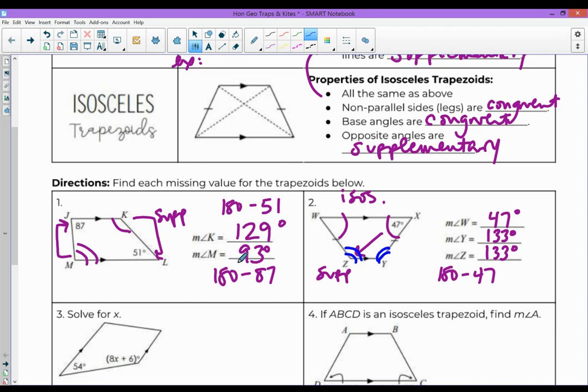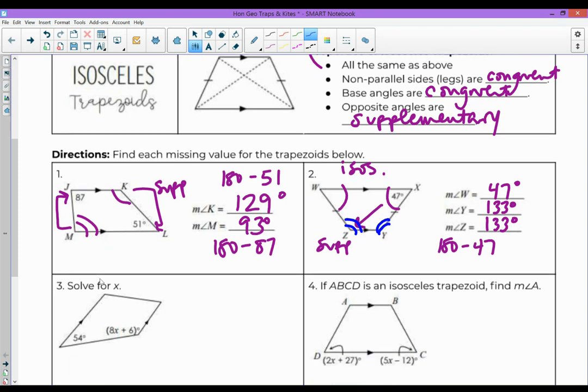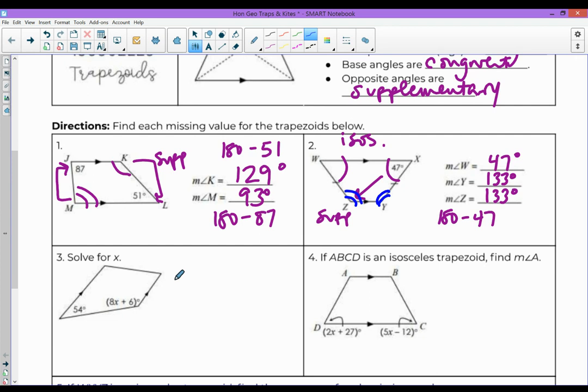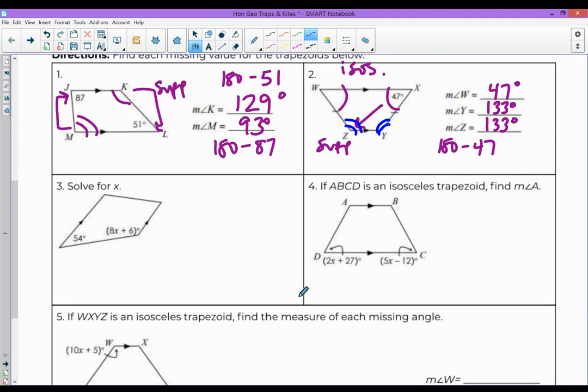Next one, we want to solve for x here. So I see that they are on the same side, so I know that means that they're supplementary.